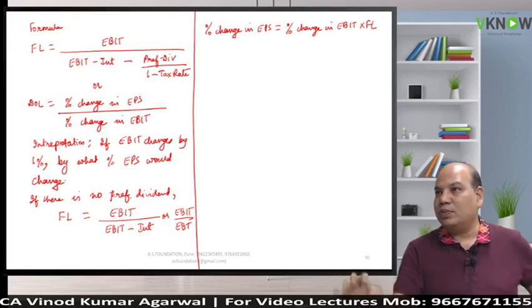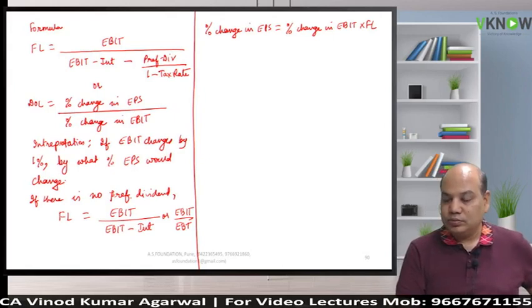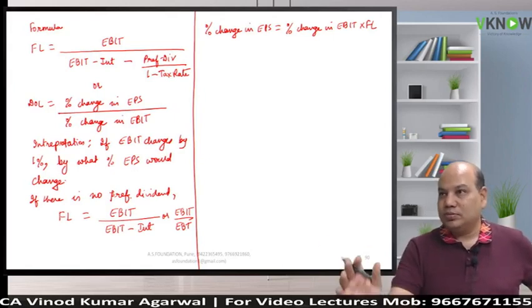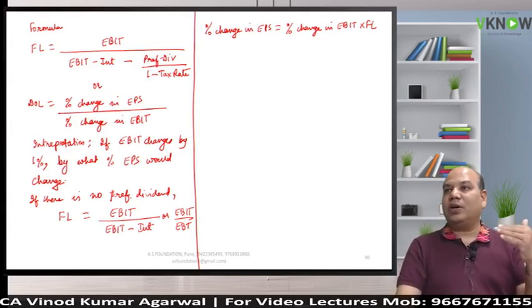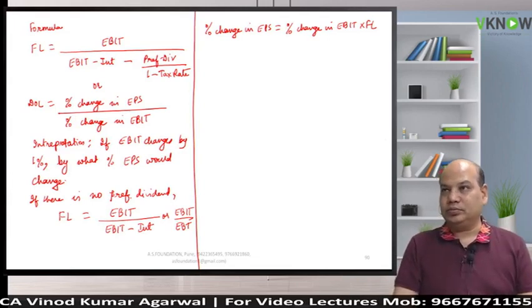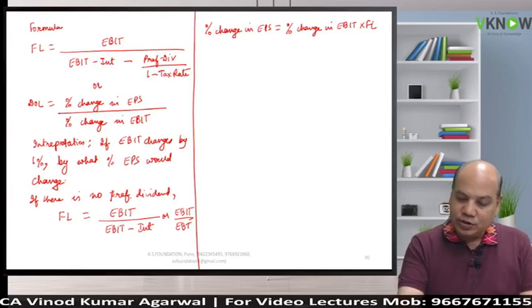So 10 multiplied by financial leverage. Reverse also, if EPS doubles, meaning EPS increases by 100%, then by what percentage should EBIT change? So reverse working we can also do.